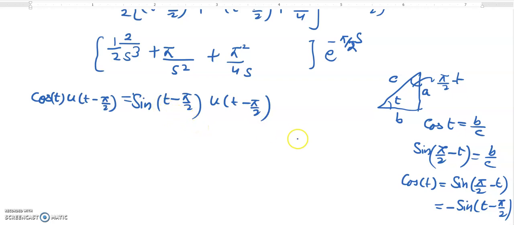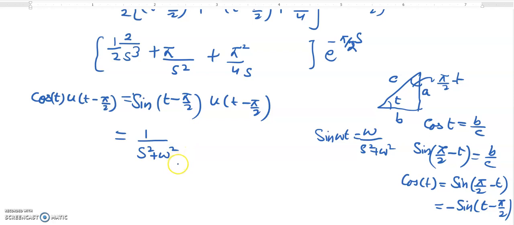For this sine, we know that for sine omega t, the Laplace transform is omega over s square plus omega square. So in this case, we can take this sine t, and its Laplace transform, considering only sine t, that means omega is equal to 1, will be 1 over s square plus omega square.